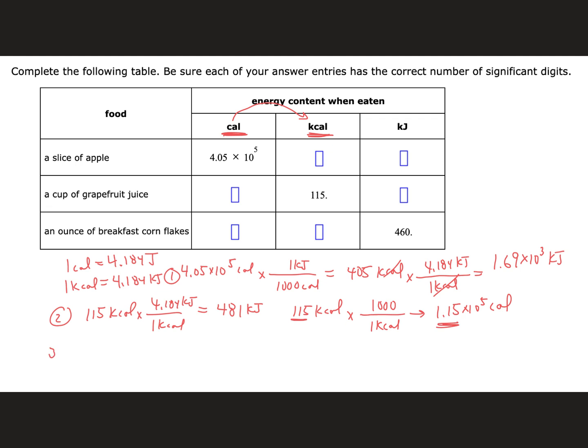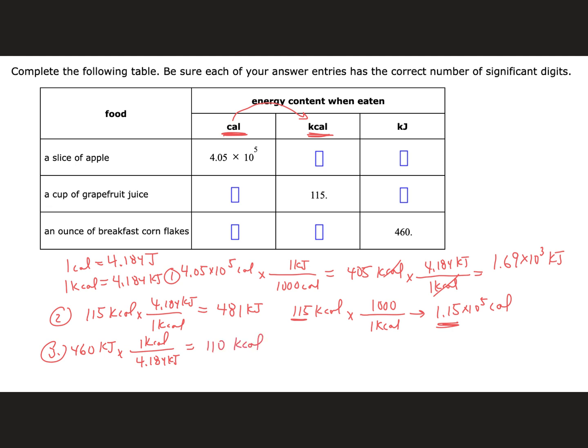And for the last one, I've got 460 kilojoules of energy, and we know that in 1 kcal we have 4.184 kilojoules. So we can divide and we get approximately 110 kcals.